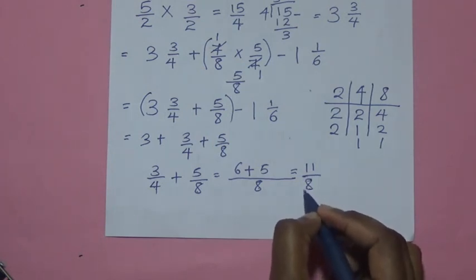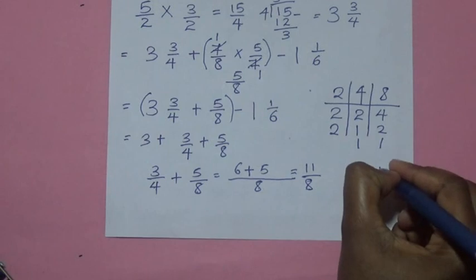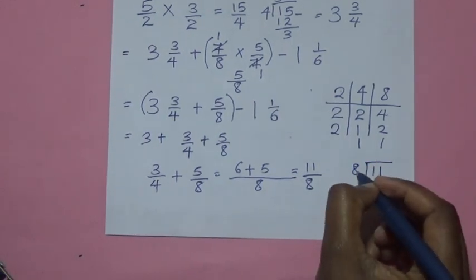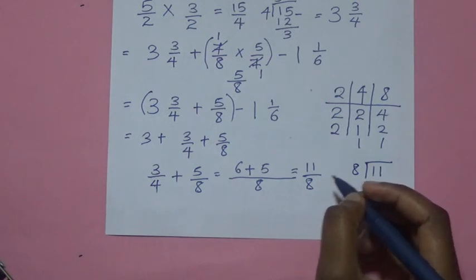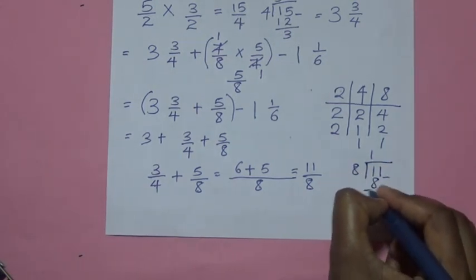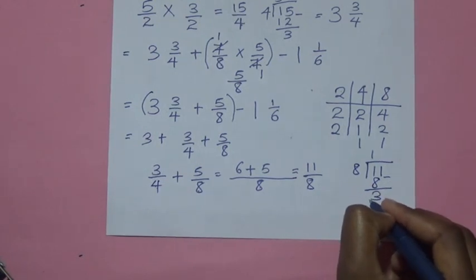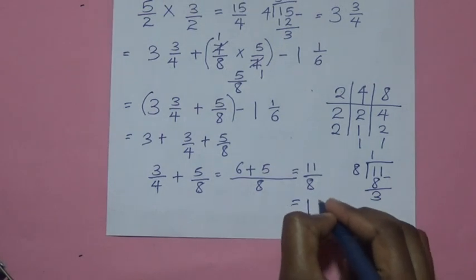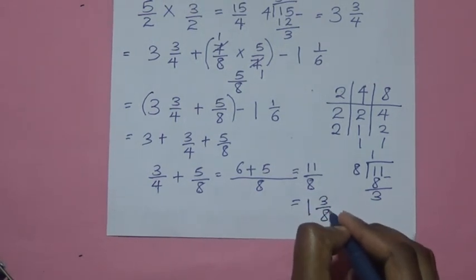So to change it, we divide 11 by 8 to change it into a mixed fraction. This will be 1 because of 8. When you subtract, you get a remainder of 3. So it will be 1 and 3 over 8.